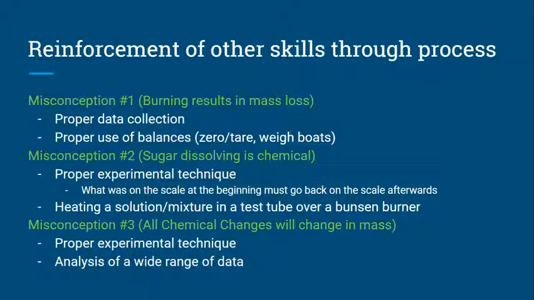And so they're presented with a lot of concepts throughout the week, but being able to go back and evaluate whether or not physical means a mass change, chemical means a mass change, or if it's more open versus closed system will dictate if it's a mass change.